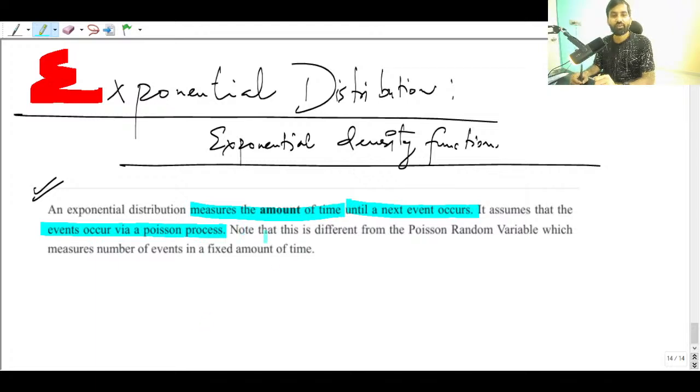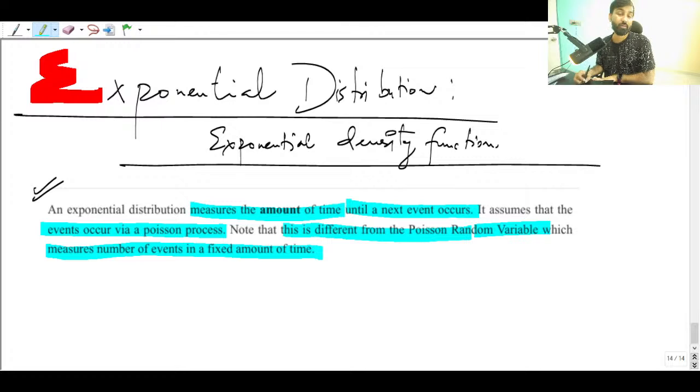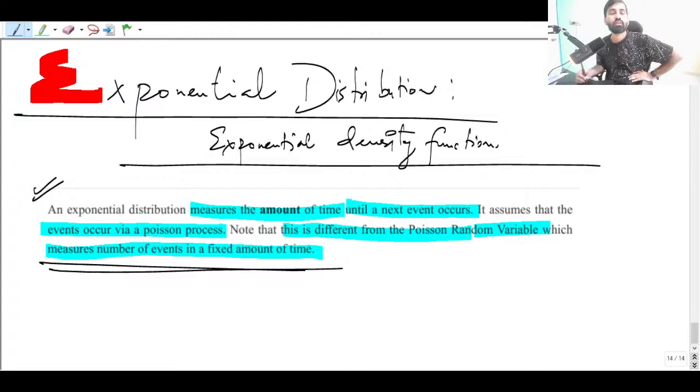Note that this is different from the Poisson random variable, which measures the number of events in a fixed amount of time. ठीक है, तो ये अलग होता है, बट पॉइजन प्रोसेस की तरह ही जो इवेंट ऑकर होगा वो पॉइजन प्रोसेस की तरह रहेगा, बट दोनों में डिफरेंस आप देख सकते हो.